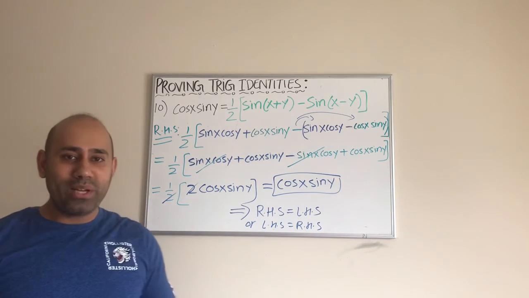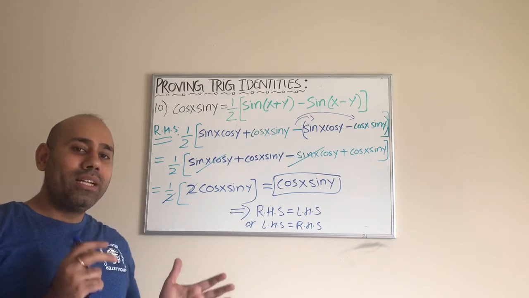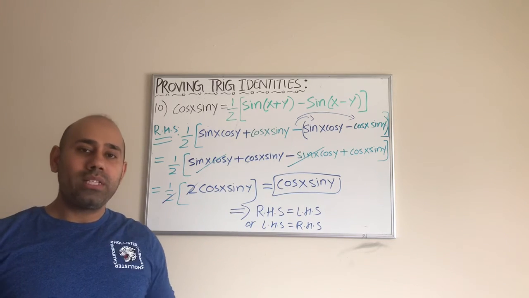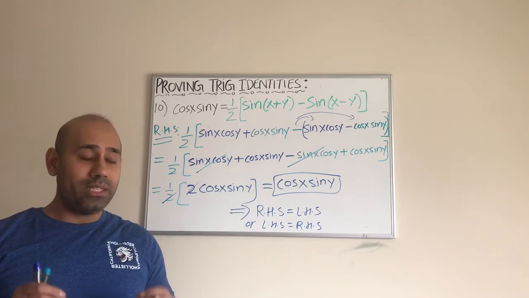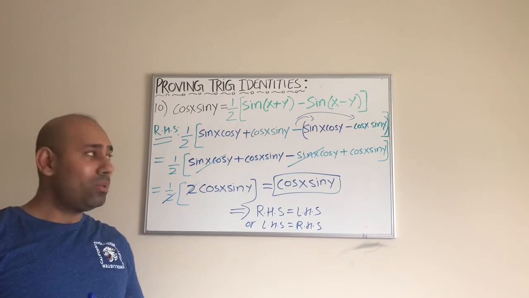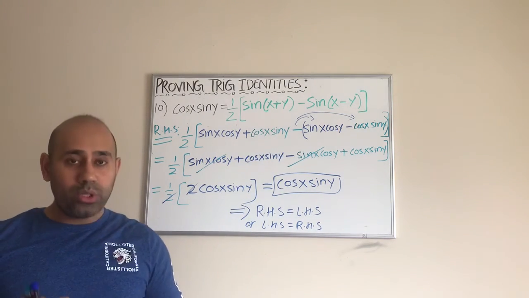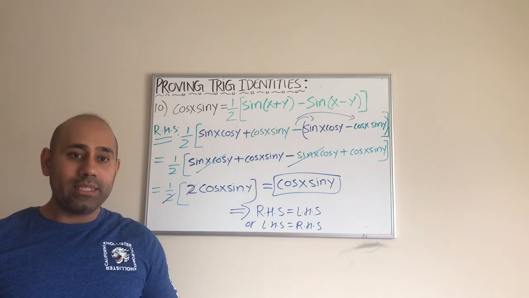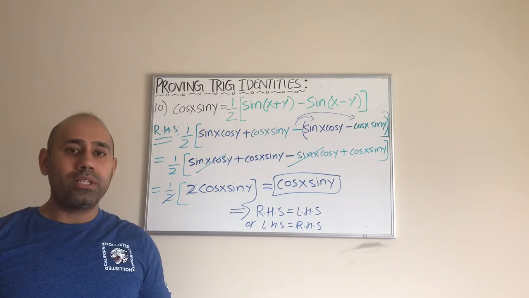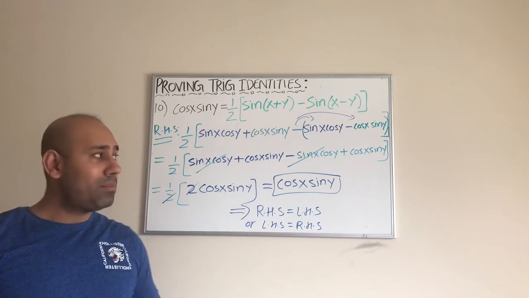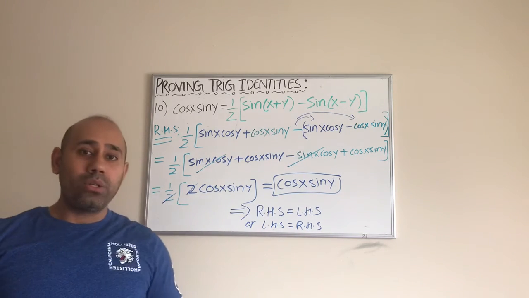There are so many more that one can do, so please look at all these 10 examples carefully, try to understand the steps, try to understand the thought process, and then try to do these on your own. Once you are done with that practice, then go back to your textbooks, go back to the online resources, and try to do more problems on proving identities on your own.